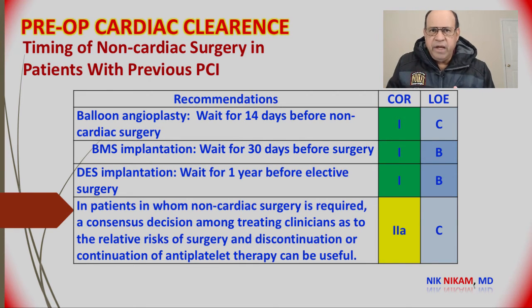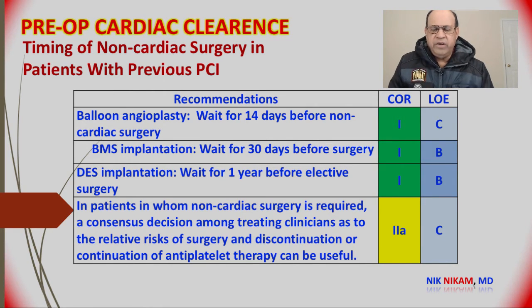If the patient had a bare metal stent, they have to be on antiplatelet agents for a minimum of 30 days before they can go for a non-cardiac surgery. But it usually happens the other way around. We evaluate a patient for cardiac clearance for a surgical procedure, and we find out they have reversible ischemia, and in the cath lab we find out they have a critical stenosis.